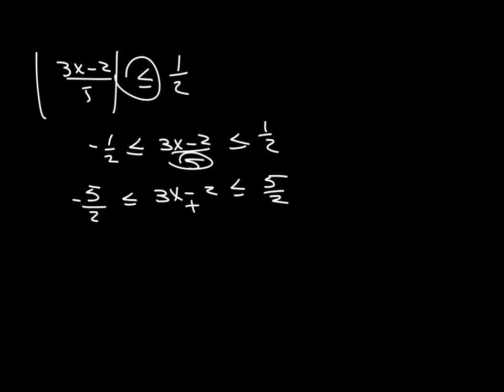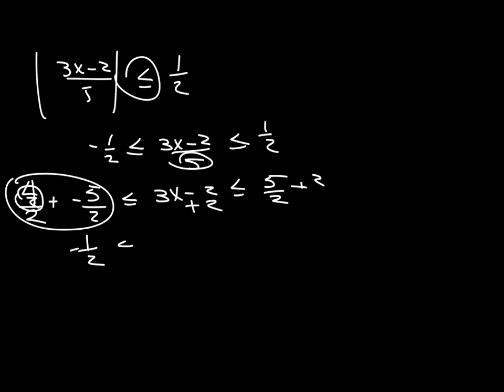Then we add 2 to all three sides. So we have common denominator, so that's -1/2, less than or equal to 3x, which is less than or equal to, and change this to 4/2, 9/2. Divide all the sides by 3.